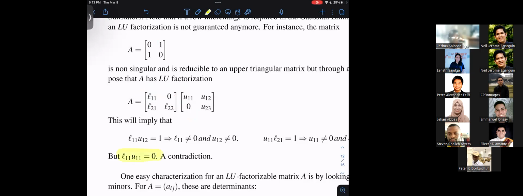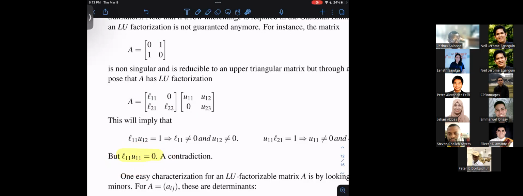Now remember, when can we get a zero product? We can only get a zero product when either L11 or U11 is equal to 0. So this statement means that at least one of L11 and U11 is equal to 0.